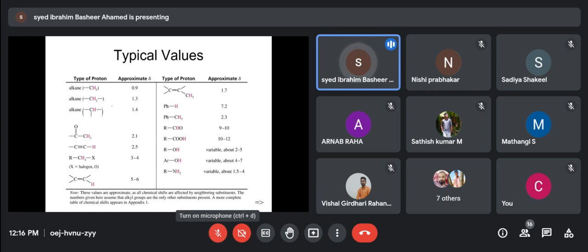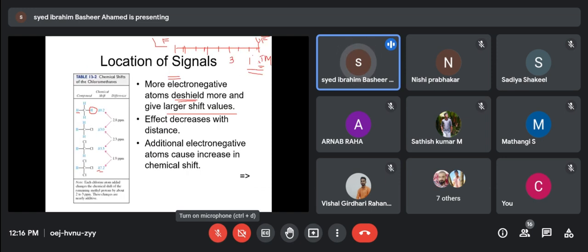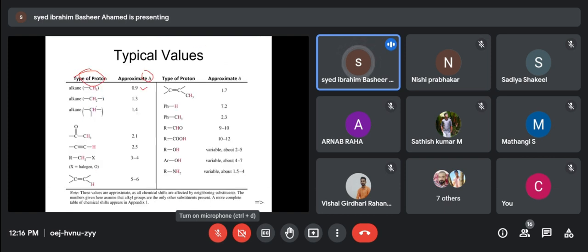Here you can see different types of protons and their respective delta values. CH3 in an alkane will have 0.9, so somewhere here. In an alkane, CH2 is 1.3, then CH is 1.4.